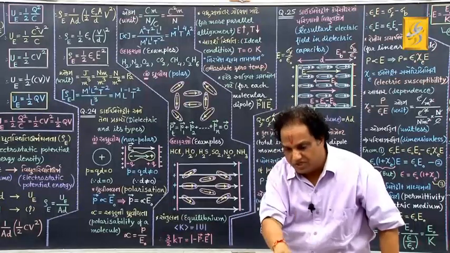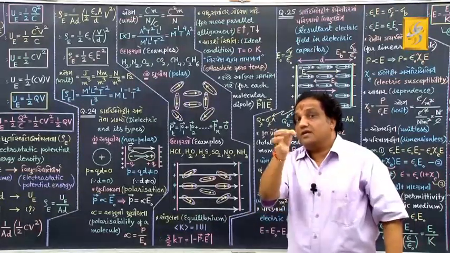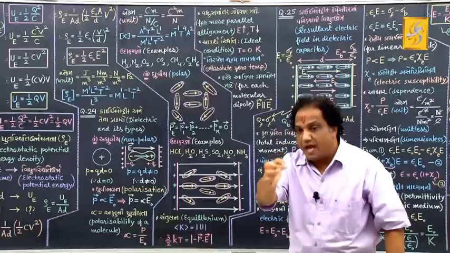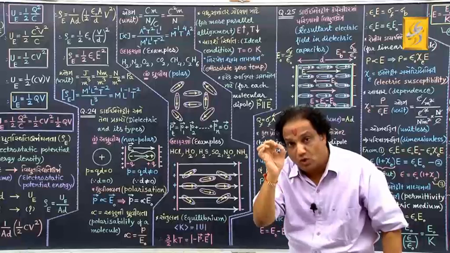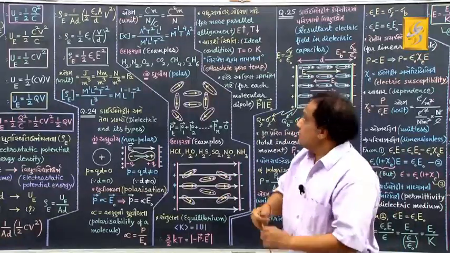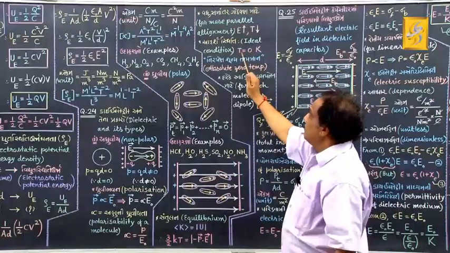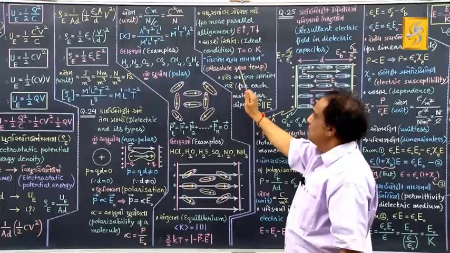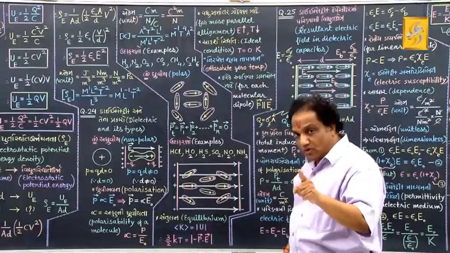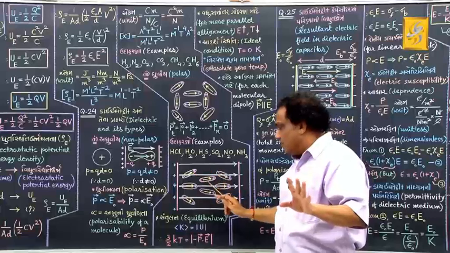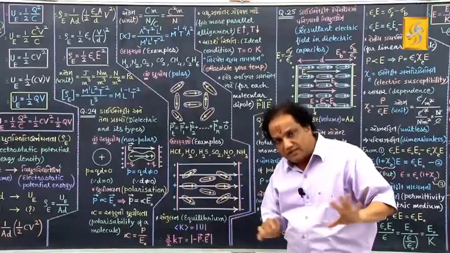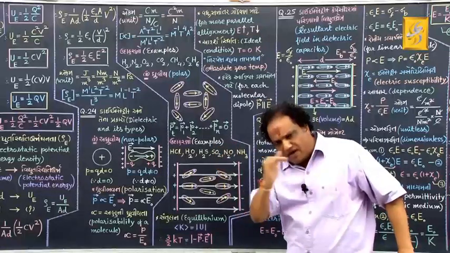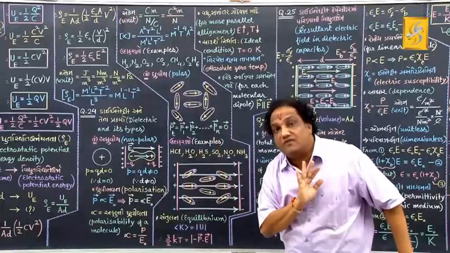Theoretically, that ideal condition is obtained at absolute zero temperature, the theoretically possible lowest temperature, T equal to 0 Kelvin. At absolute zero temperature, all these atomic dipoles do not have any thermal kinetic energy, and they will be aligned perfectly parallel to the applied electric field.